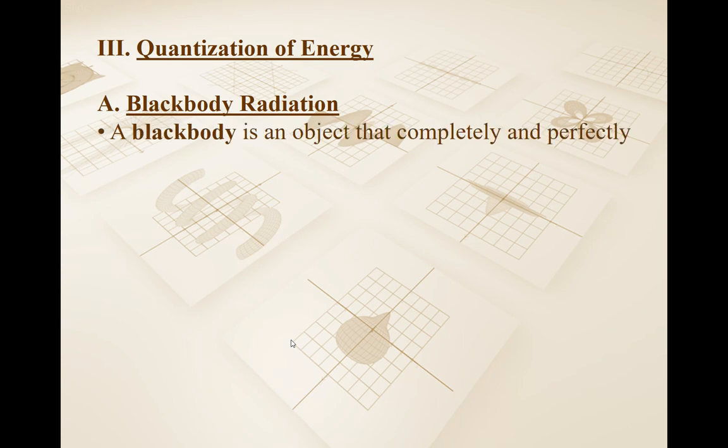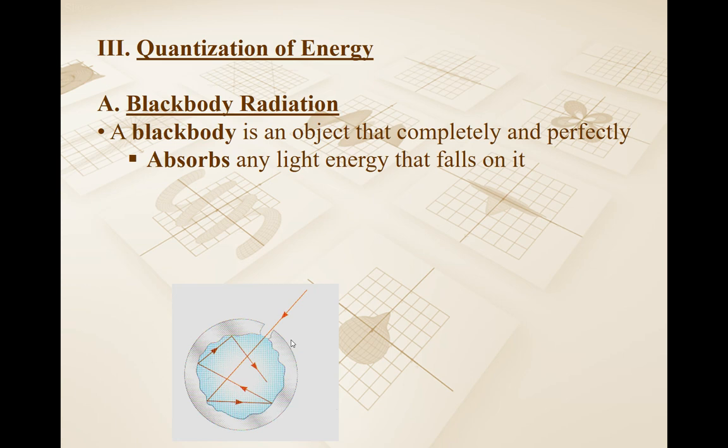A black body is an object that completely and perfectly absorbs any light that falls on it. One model you could think of is a ray of light approaching the black body. A black body is a perfect absorber.